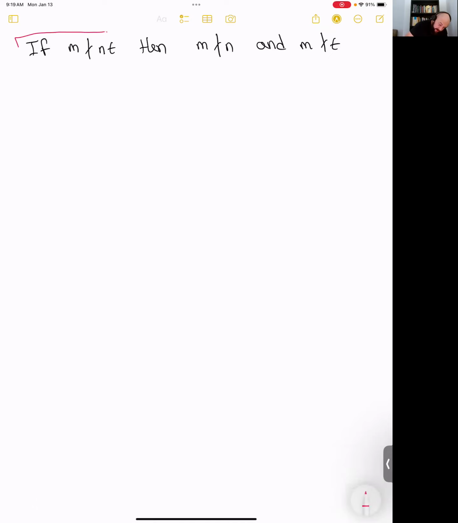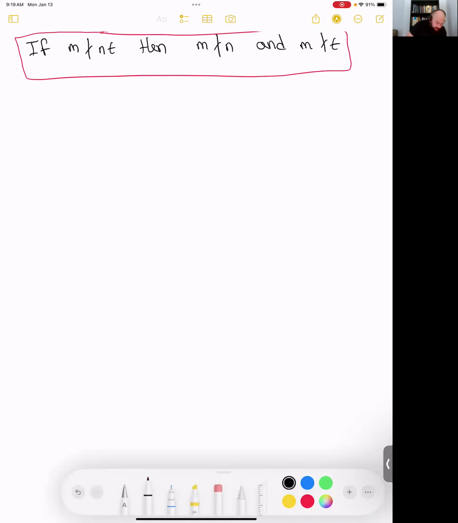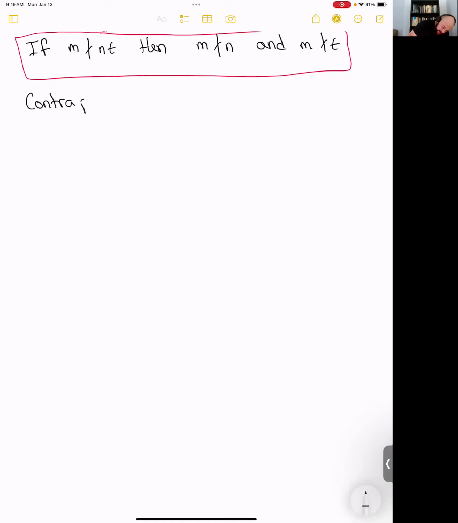So the first thing we're going to do is to write down the contrapositive. And again, it's because the assumption here involves, first of all, not dividing, which is a bit tricky to work with, and also not dividing a product, and then saying something about each of the pieces of the product.